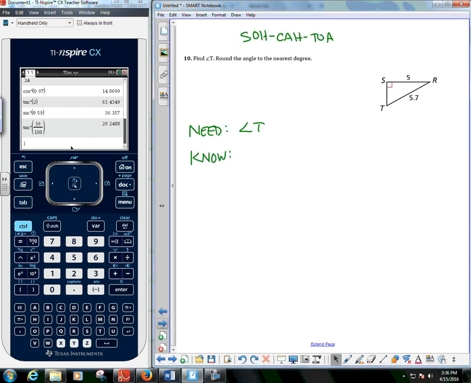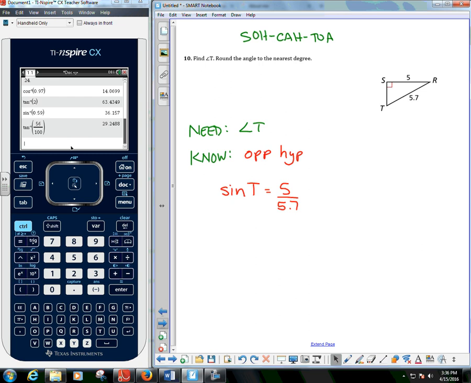Find the angle T, rounding to the nearest degree. What I need is angle T, and in relationship to angle T, I know SR, which is the opposite, and I also know the hypotenuse. Well, SOH uses that. So sine of angle T equals the opposite, which is 5, over the hypotenuse, which is 5.7.